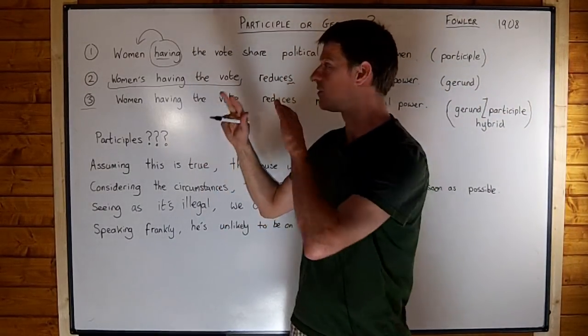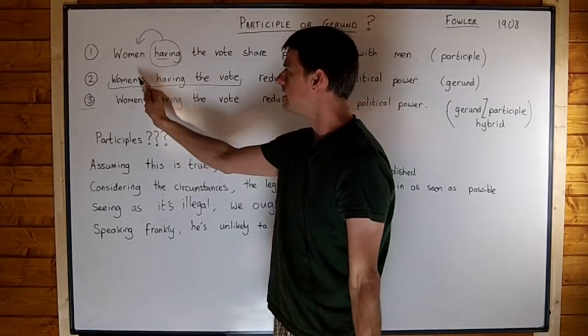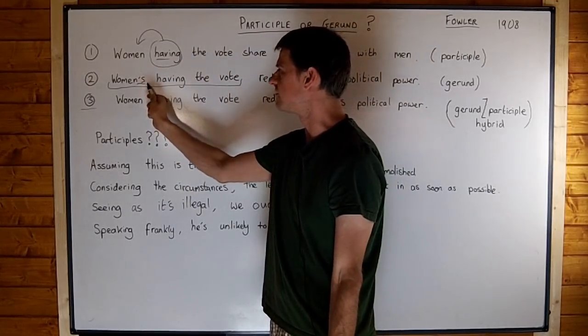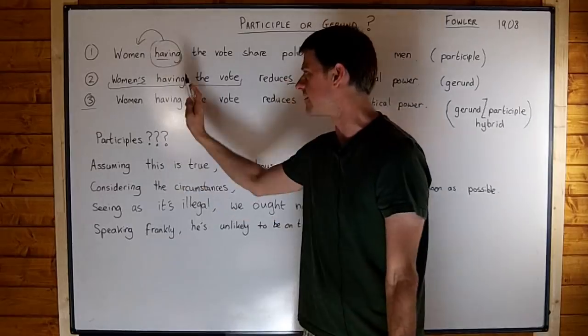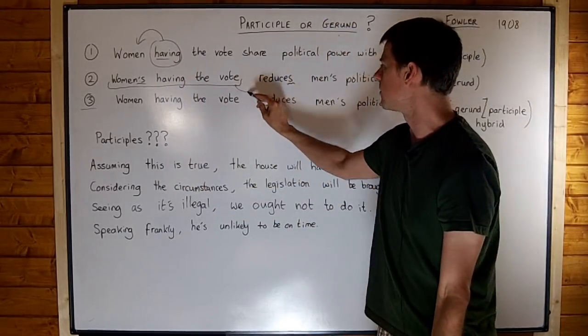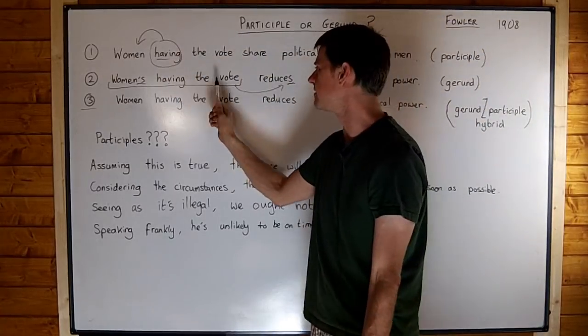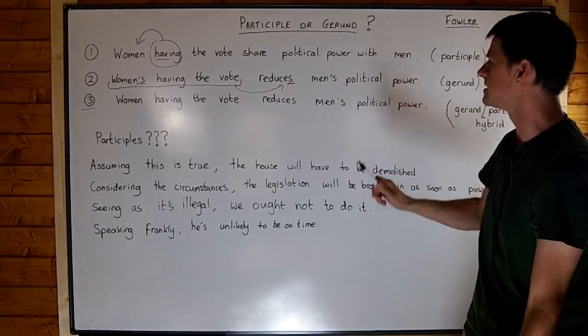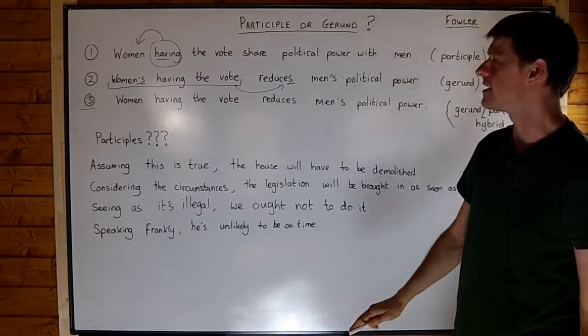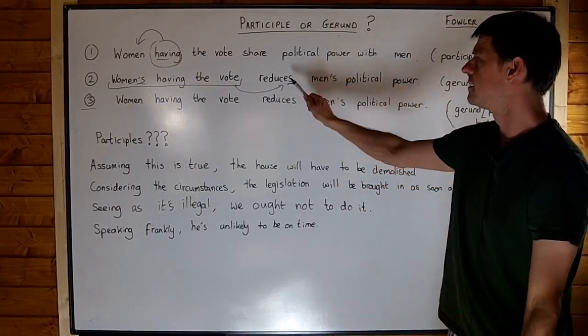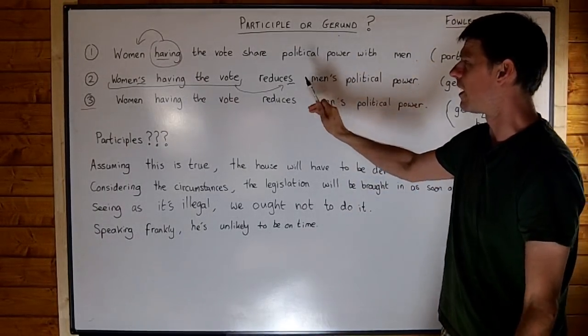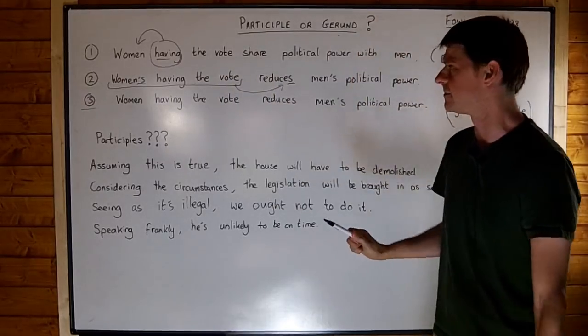It makes it very clear whether we've got a gerund or a participle if we use this possessive form. It's clear that it's a gerund, and then that nicely conjugates that verb reduces. So women's having the vote reduces men's political power. And by the way, there's another reason why I like Fowler's number 2, and I can understand why he doesn't like number 3.